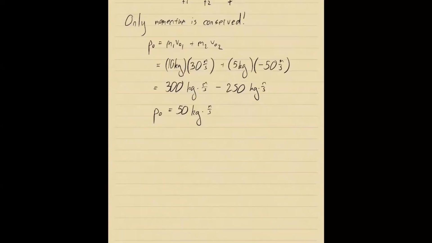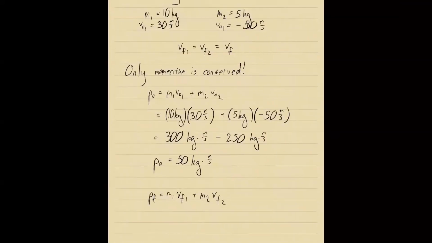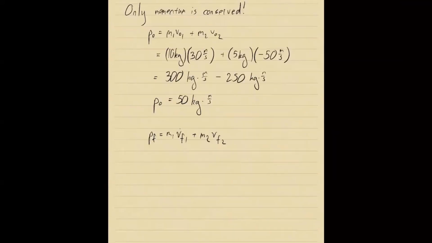Afterwards, we need to calculate the final momentum of our system, which is the mass of the first ball times its final velocity plus the mass of the second ball times its final velocity. But because this is a completely inelastic collision and our final velocities are the same because they stick together, we can factor them out.